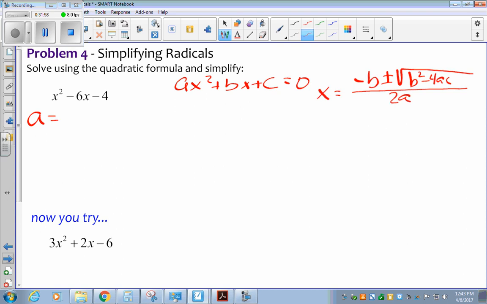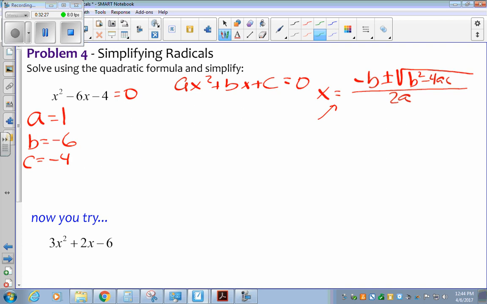What's a for this problem? A is 1, b is negative 6, and c is negative 4. Okay, so in this formula here, some of you really struggled with this on the test, so watch and learn.